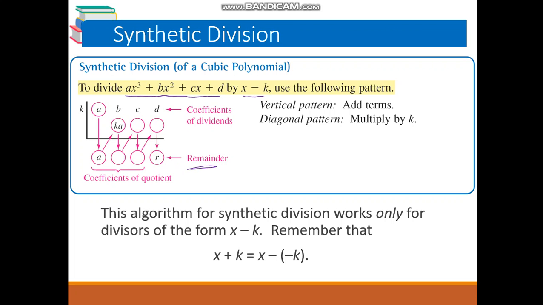Now, again, this algorithm, this synthetic division, only works if we've got this form. So if it's x plus k, we need to remember to write that as x minus negative k, and then we'll have a negative number instead of a positive number that we're dividing by.